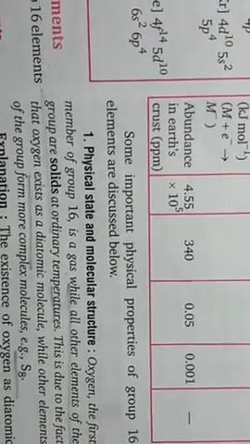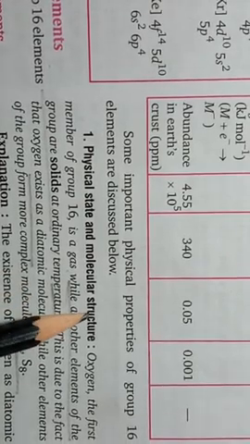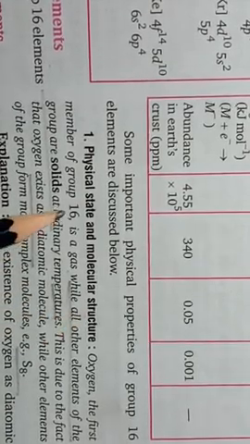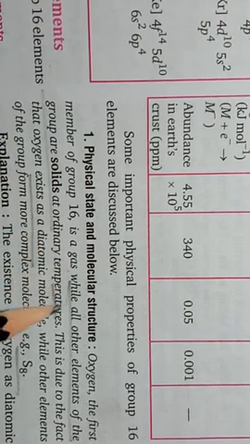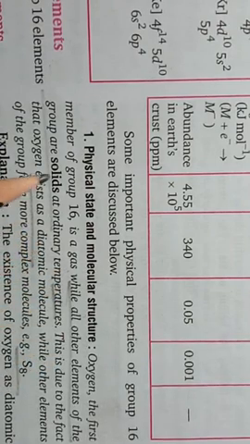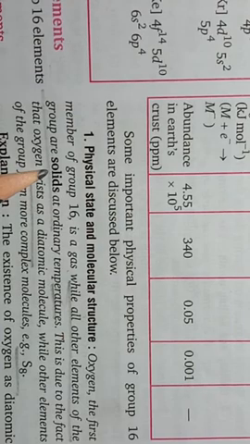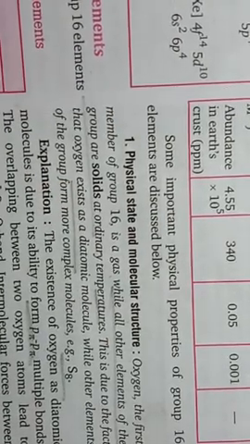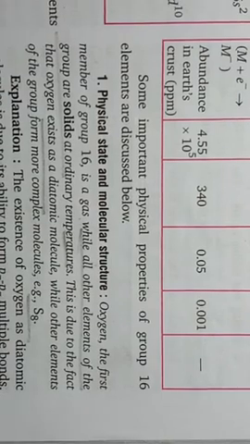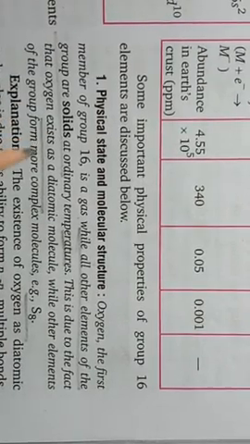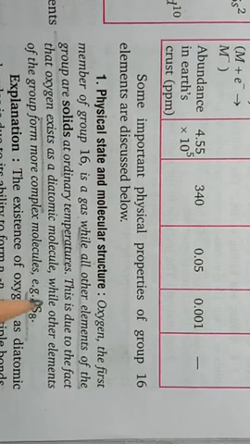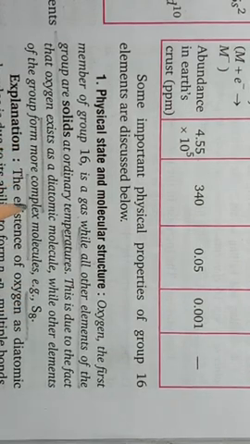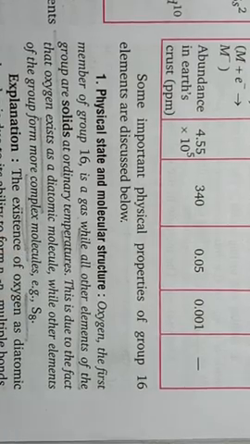The first is physical state and molecular structure. In group 16 elements, oxygen is a gas while all other elements are solid at ordinary temperature. This is because oxygen exists as diatomic molecules while the rest of the elements are present in the form of complex molecules like S8.